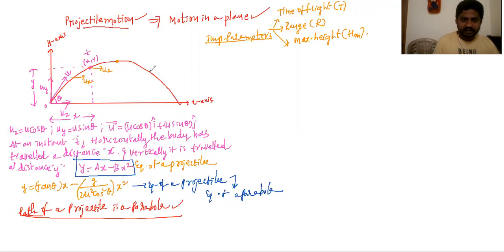Imagine from here also you can see, ux value remains the same, and this is uy. So uy is always changing because it is under the influence of gravity.